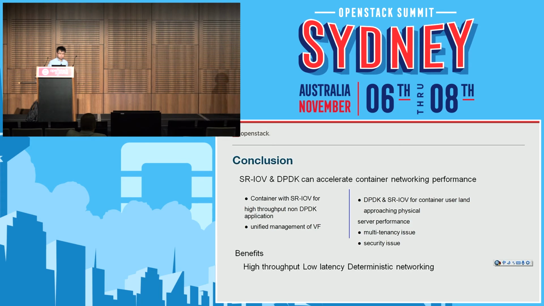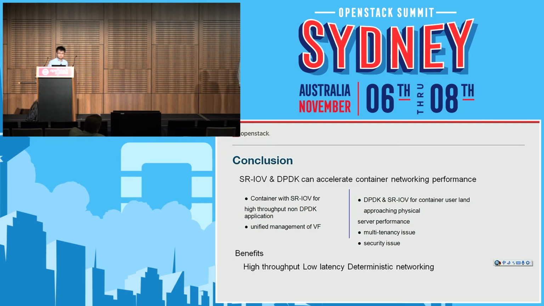But as we see from the test, it's not the best way to run a DPDK application. The SR-IOV device passed through to the container is still a kernel space interface, but it improves the throughput a lot compared to the OVS networking.